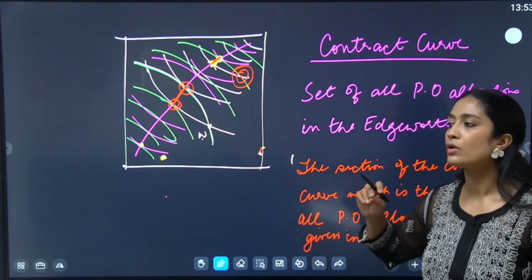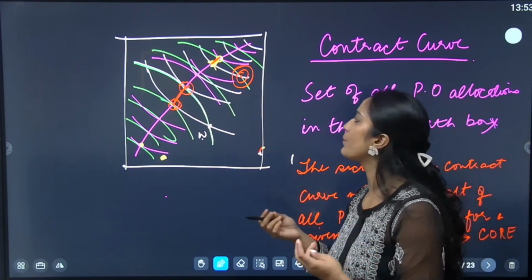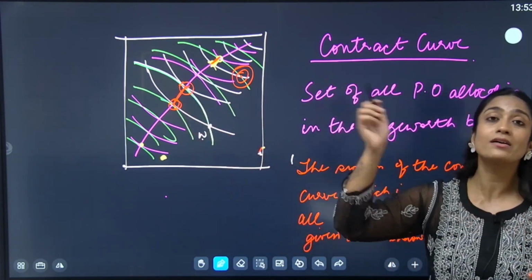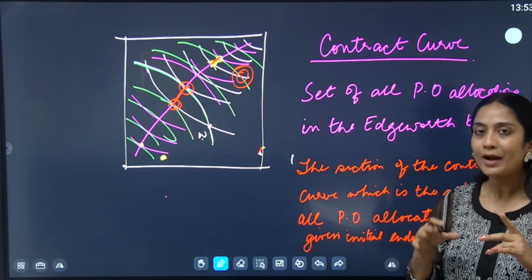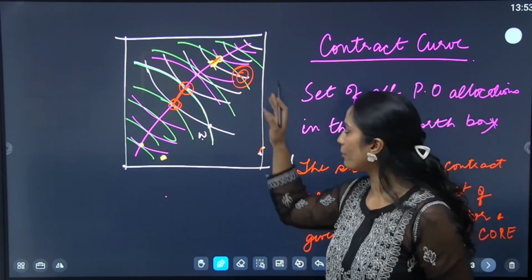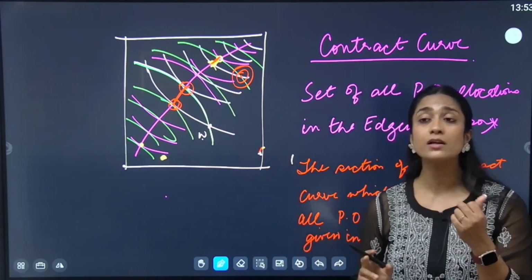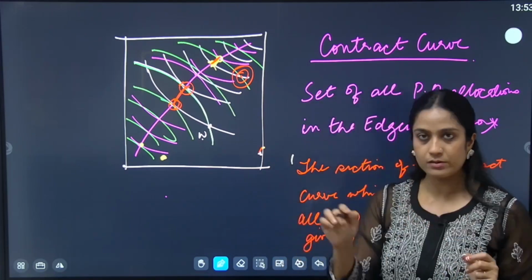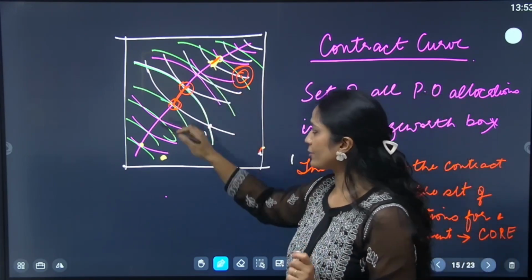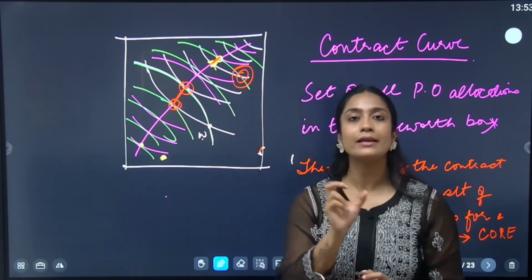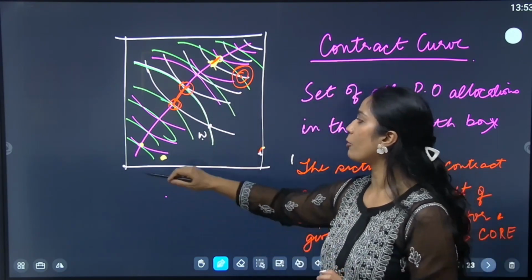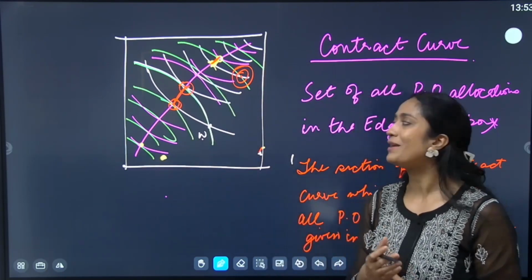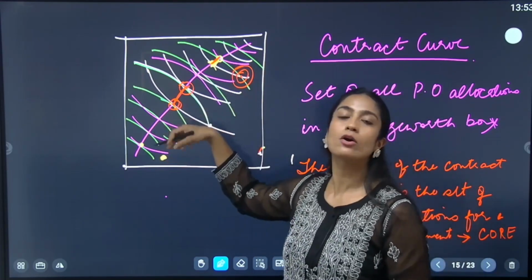First of all, the probability of landing upon a distribution that is on the contract curve is theoretically zero, because the probability of a particular subsection in this area is given by the area of that subsection, right? And the probability of a line is zero. So theoretically, the probability of landing anywhere on the contract curve is zero.